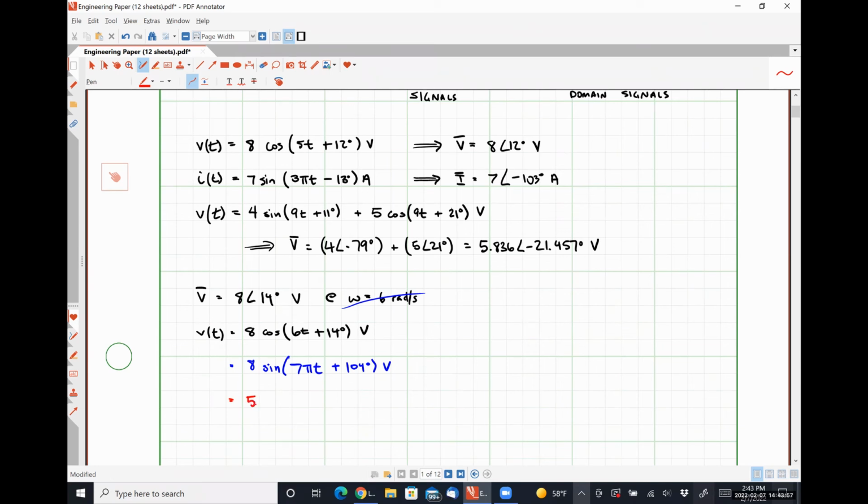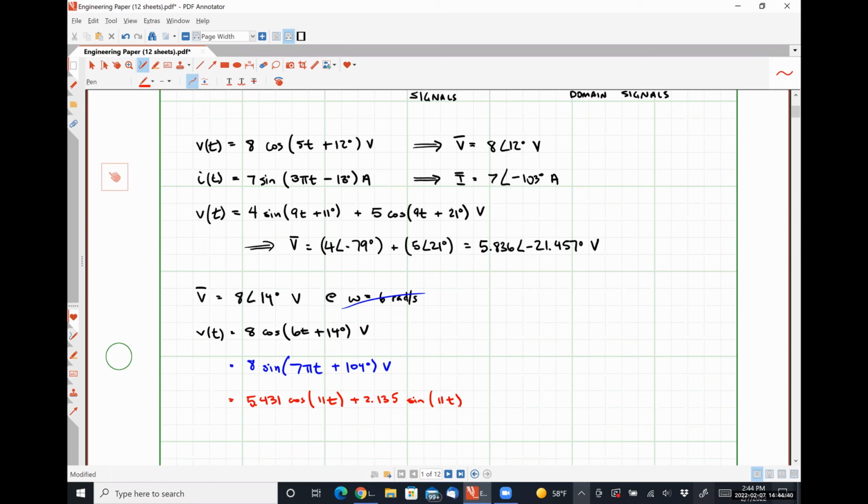So I could say that this would be the same as 5.431 cosine 11t plus 2.135 sine 11t. All of those would be potentially valid correct answers. All right, so we should be comfortable going from the time domain into the frequency domain and from the frequency domain back out to the time domain as well.